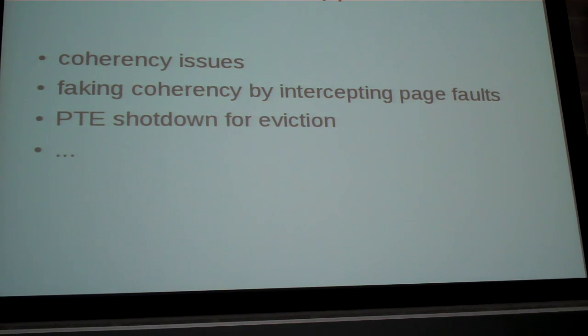There's not much going on there, but I think that problem is pretty much solvable. Maybe we can throw in a crazy extension to expose the coherency and cache flushing to user space so that we don't have to shoot down the PTEs. Sometimes that's too expensive.